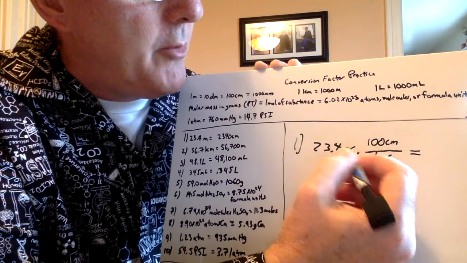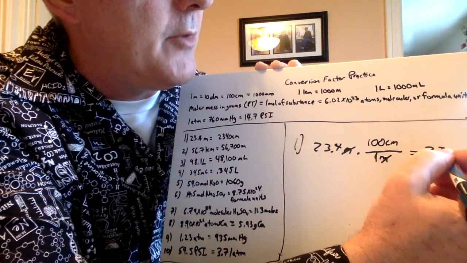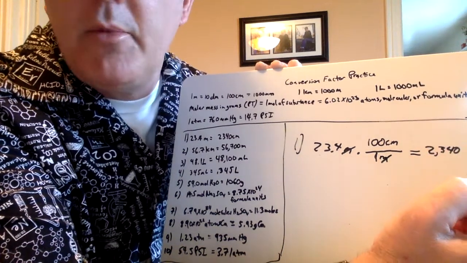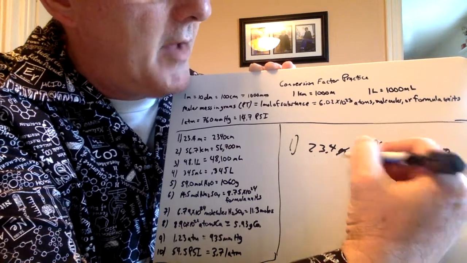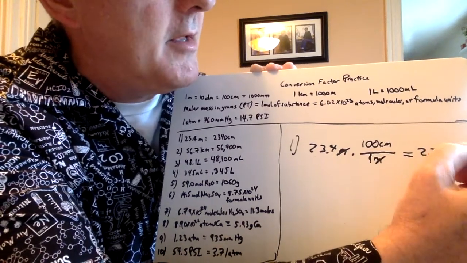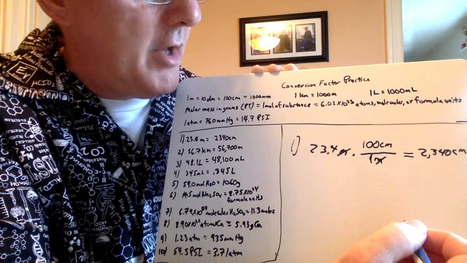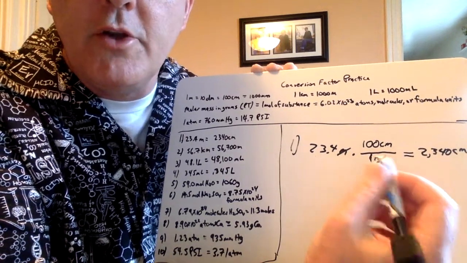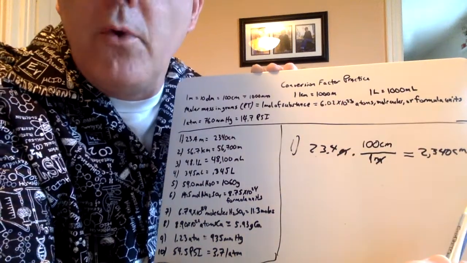So now 23.4 times 100 is 2,340. Put it in your calculator if you need to. And the unit, now that we've canceled out meters, is going to be centimeters. So this technique works on any problem where you're trying to convert one unit to another and you have a conversion factor available for doing that problem.